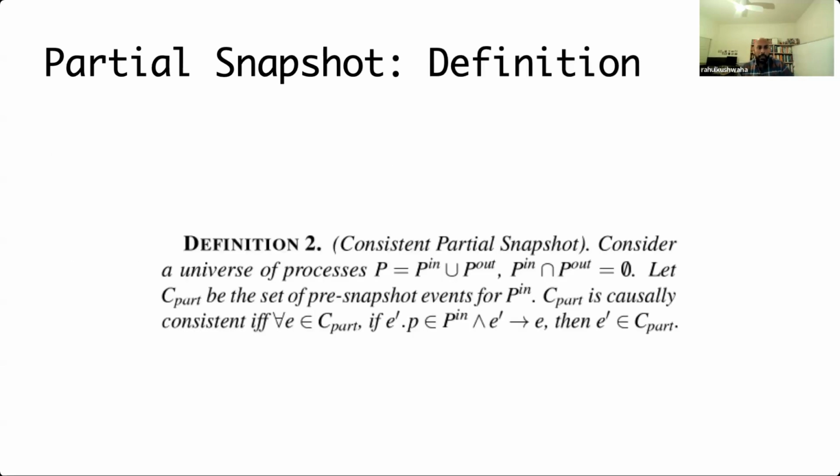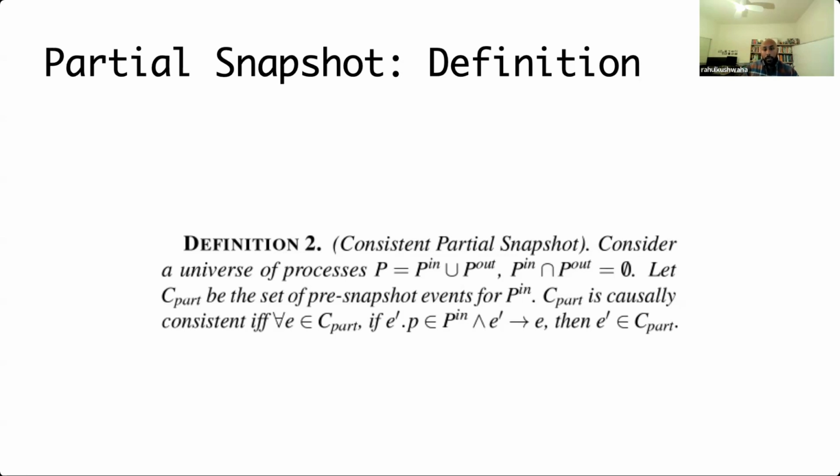So mathematically, a partial snapshot is defined by the following definition. If P is the set of all in processes and out processes, and the intersection is null, so we are trying to say there is no other process. And C_part will be a pre-snapshot event for P_in. Remember, this definition only takes care of the events for P_in. We are not concerned about the messages initiated from outside.